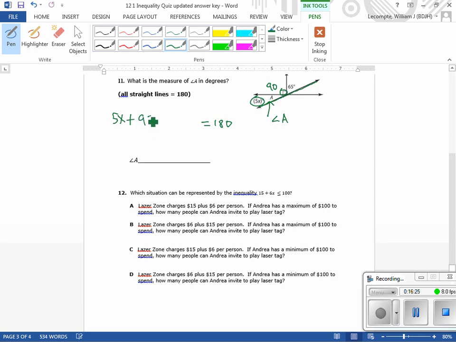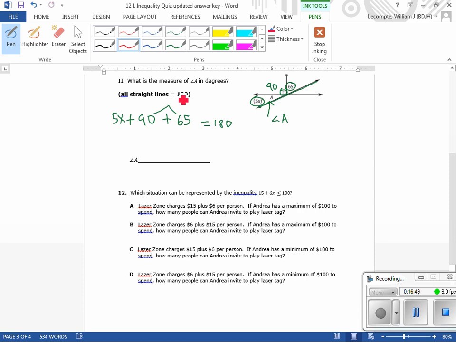So when I add the 90 and the like terms together, I get 115. I subtract 115 from both sides. Turn around, backtrack. I know that's a common number inside this answer, but it is not 115, it's actually 155.